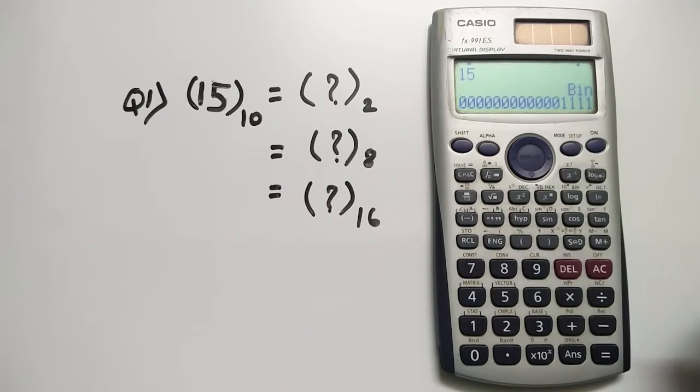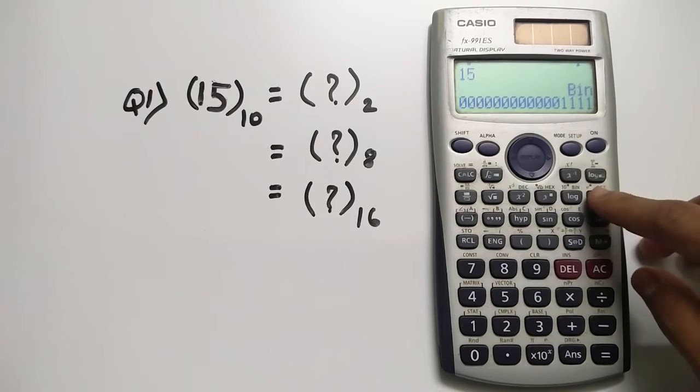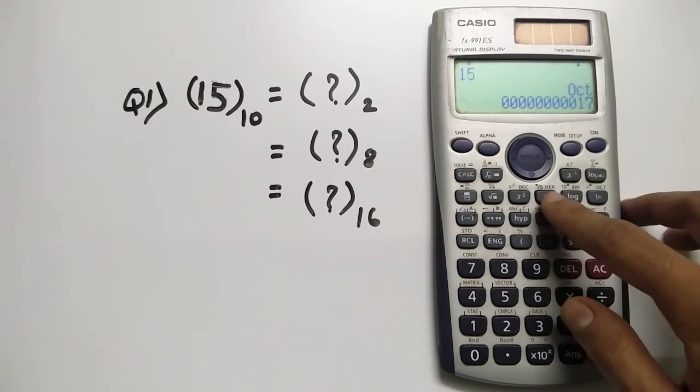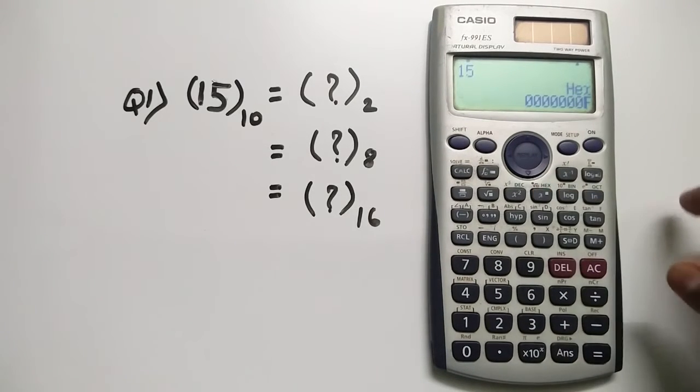So it is 1111, and you know the zero value in the MSB is irrelevant, it's just because of the format of this calc sheet showing those values. Similarly, if you want to change it to octal, I'll click the octal button, which is shown as OCT. So as you can see, it is 17 in octal, and the hexadecimal value would be F.